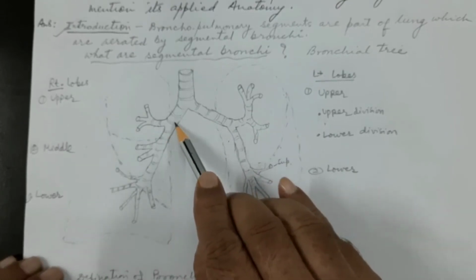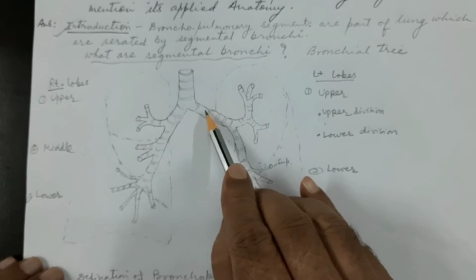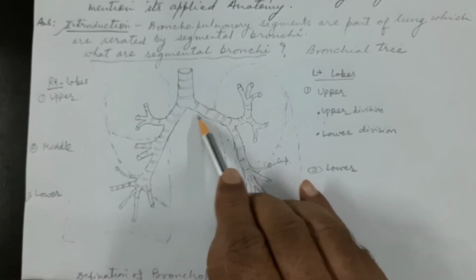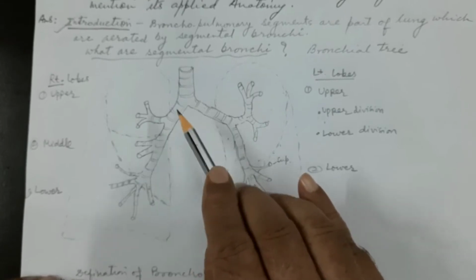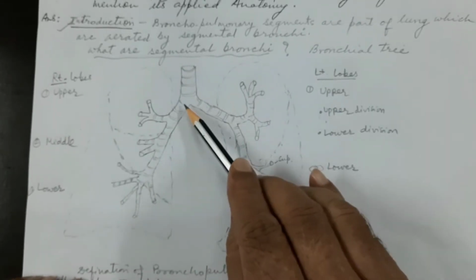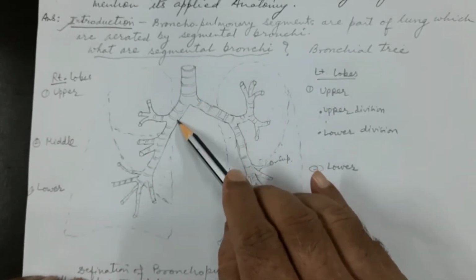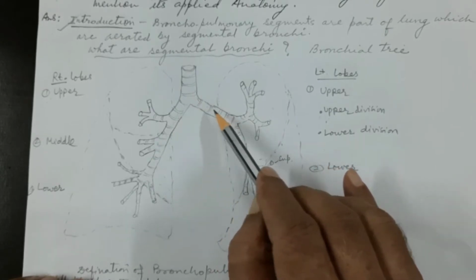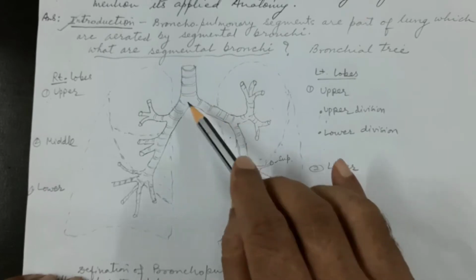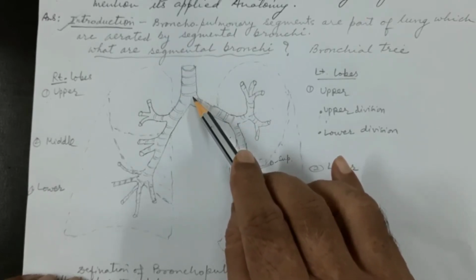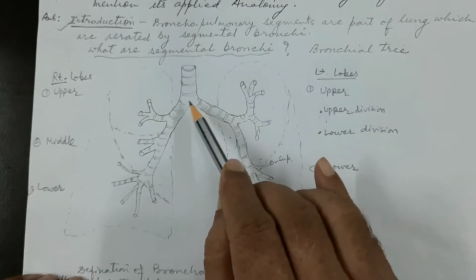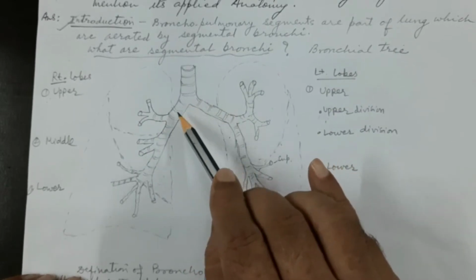The right principal bronchus is wider than the left. Another difference is that the right is at a lesser angle compared to the left, in comparison to the trachea. That means this division is not symmetrical.